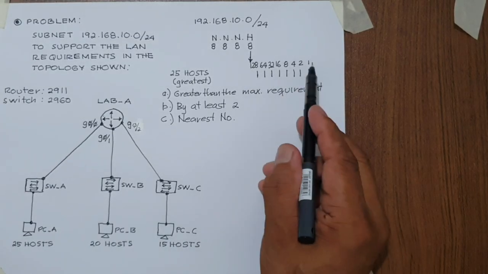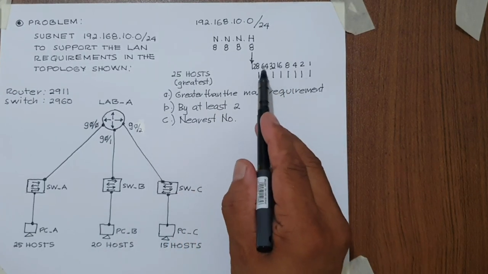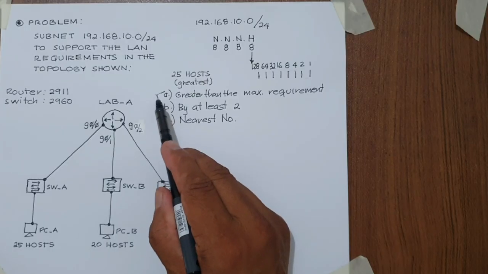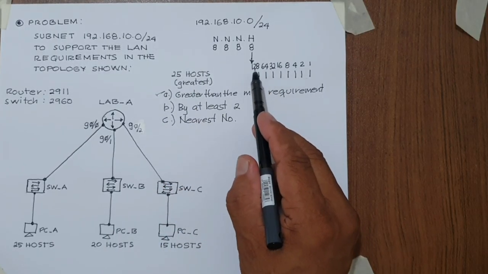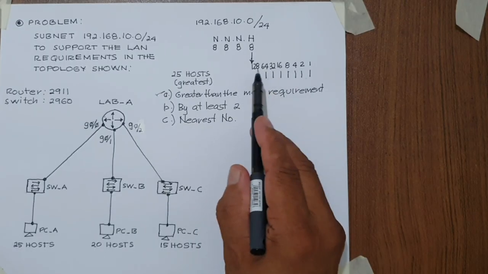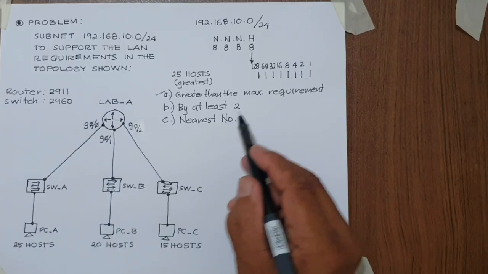If we inspect these numbers here, there are 3 numbers that are greater than 25 to meet this requirement. They are 32, 64, and 128. Among these 3 numbers, the nearest number is 32.